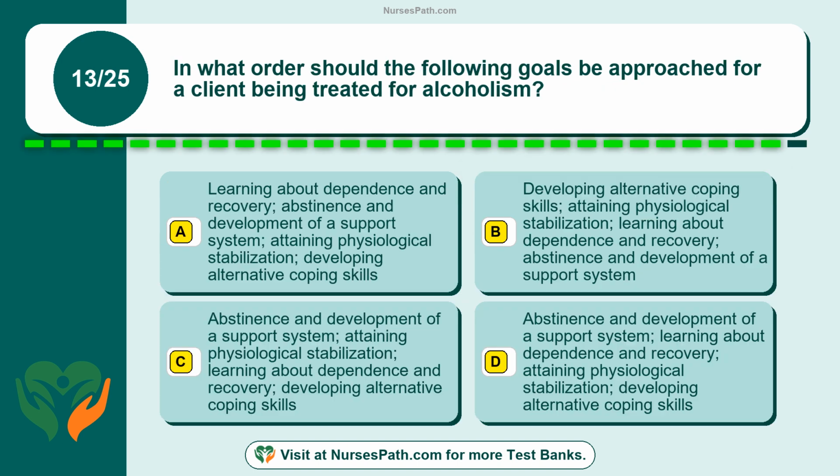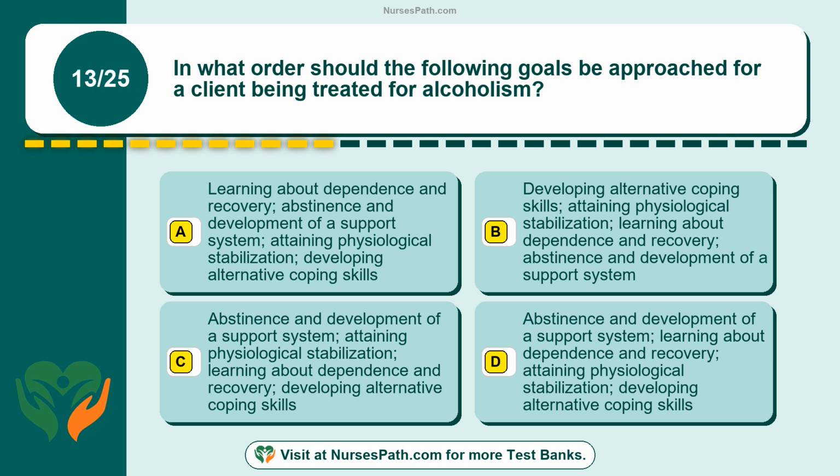Question 13. In what order should the following goals be approached for a client being treated for alcoholism? Option A, learning about dependence and recovery, abstinence and development of a support system, attaining physiological stabilization, developing alternative coping skills. Option B, developing alternative coping skills, attaining physiological stabilization, learning about dependence and recovery, abstinence and development of a support system.